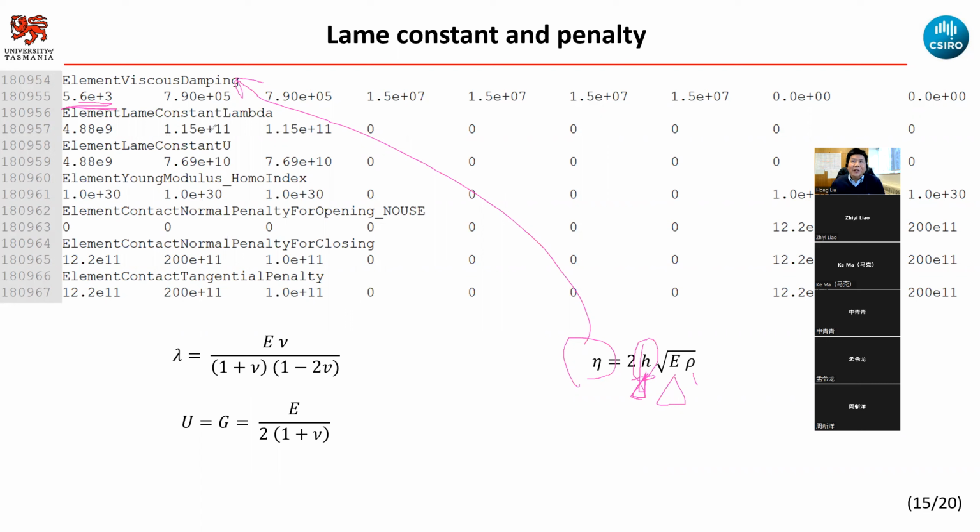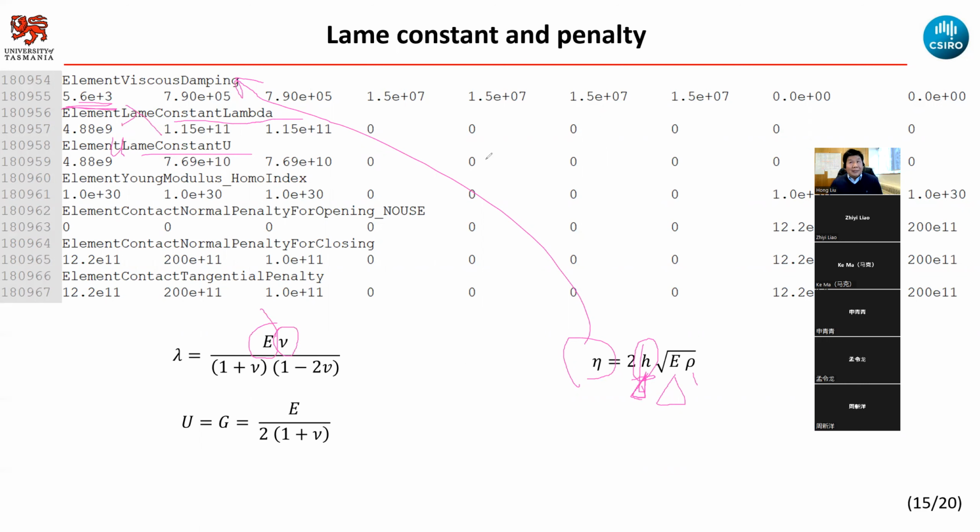Okay, the remaining parameters here: that's the lambda constant, and that's the mu, or the shear modulus. Then that's the elastic modulus, then that's the penalty. All of these are related to the elastic modulus and the Poisson's ratio.